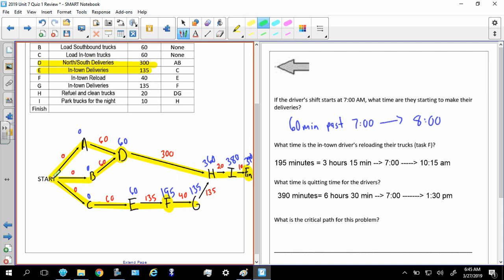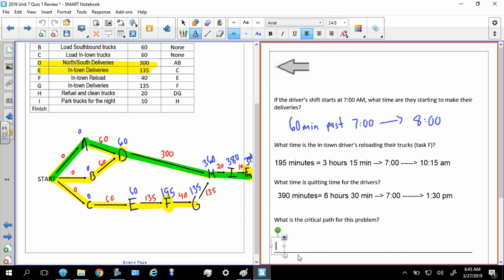The first critical path will be start to A to D to H to I to fin. All right, so that's our first critical path. This is just one of those weird ones. And then the other critical path, I'm going to do this way.